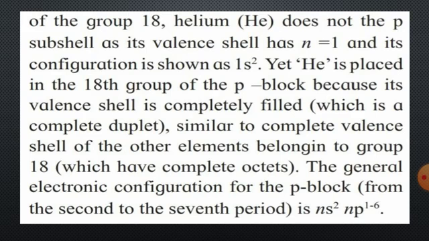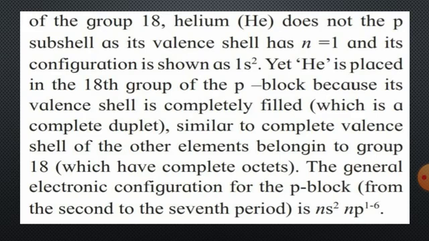Find the general electronic configuration for the p block from the second to the seventh period. For the p block elements, second period to the seventh period, the general electronic configuration is ns2 np1 to 6.